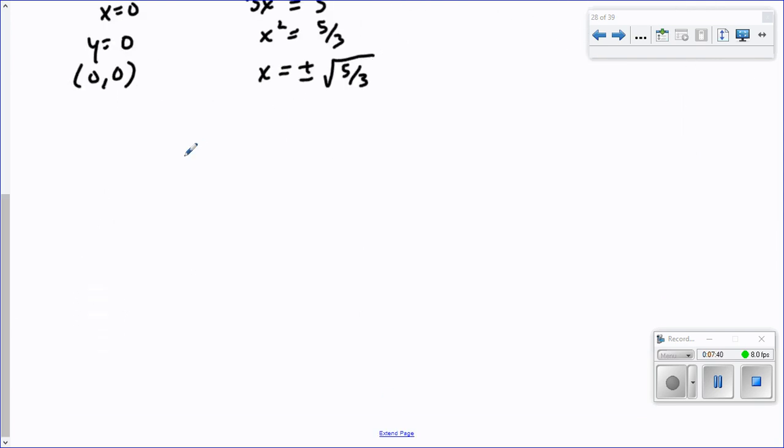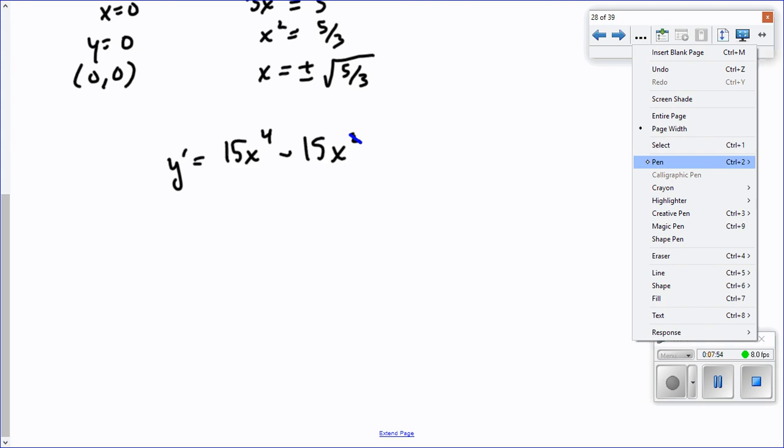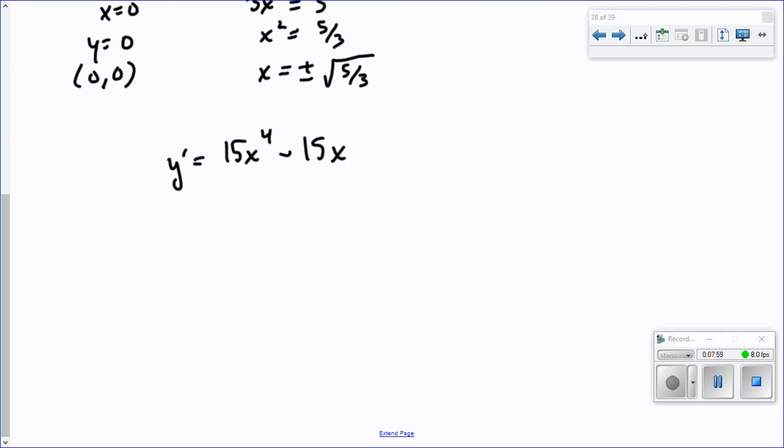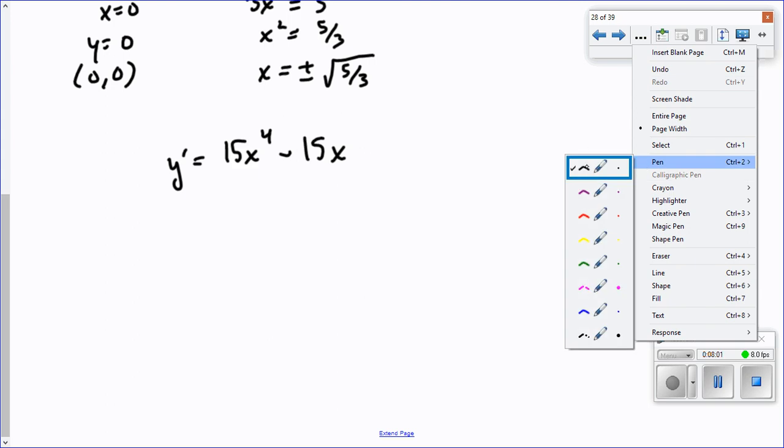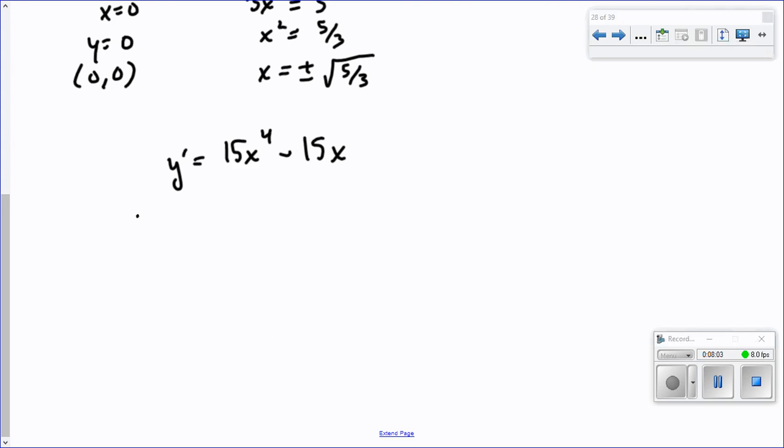So let's take a look at our first derivative, if I do my calculations correctly. Don't know why that's turning up in blue. Let's just get rid of that. Then we try to find the critical points, and we've done lots of this type of work.